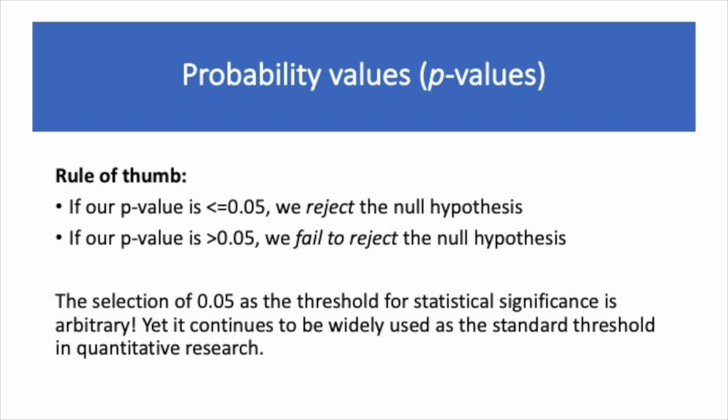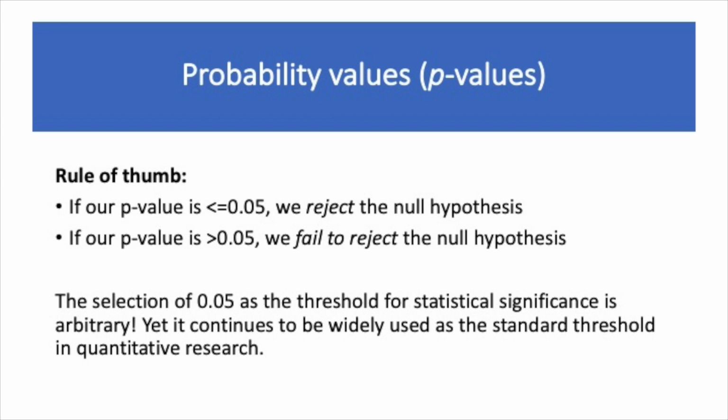Okay? Here's the rule of thumb. If we have a p-value that is less than 0.05, the rule of thumb is to reject our null hypothesis. If our p-value is greater than 0.05, we fail to reject the null hypothesis.